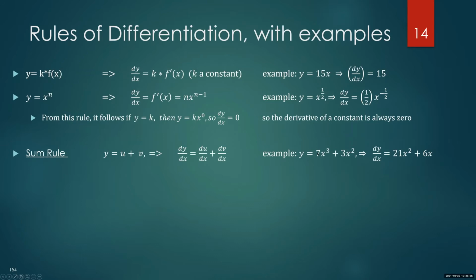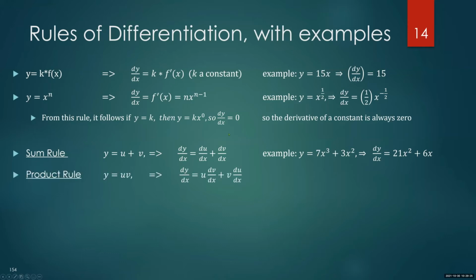When we differentiate 7x cubed, using the two rules above, differentiating x cubed gives you 3x squared. You multiply that by 7, so that gives you 21x squared. Similarly, for the 3x squared piece, differentiate x squared first, and that gives you 2x, and then you multiply that by 3, and that gives you 6x.